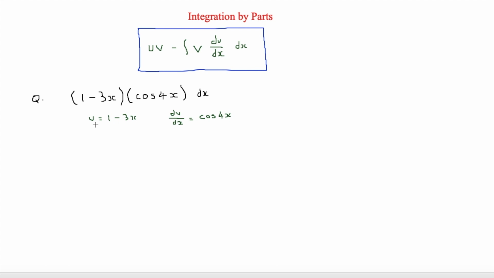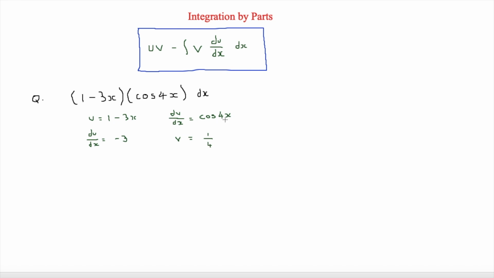So therefore we have to differentiate this, so du over dx is going to be equal to minus 3. Obviously 1's already a constant, that's not going to differentiate to anything, and then minus 3x differentiates to give minus 3. And then dv over dx, this time we're going to have to integrate it to get v, and this means that v is equal to a quarter, and that's because we have a 4x here.